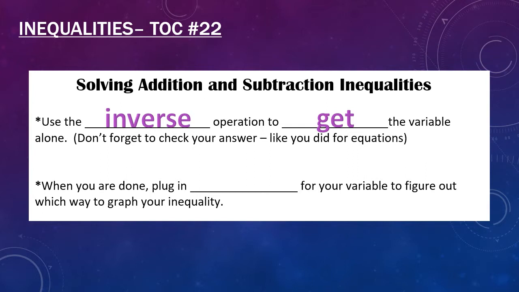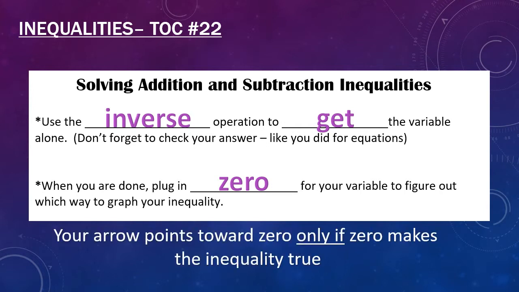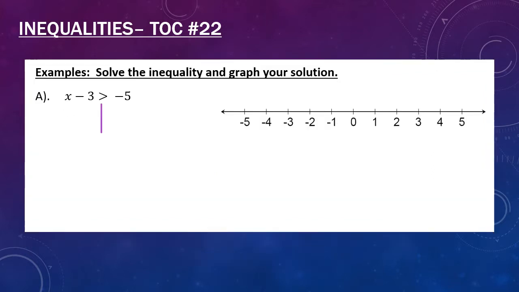An easy way to do that is when you're done, plug in 0 for your variable to figure out which way your inequality needs to go, which way your graph needs to go. I'll show you what I mean by that in just a minute. Your arrow is going to point to 0 only if 0 makes your inequality true. So let's solve this one and I'll show you what I mean.